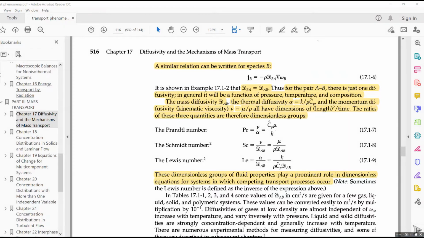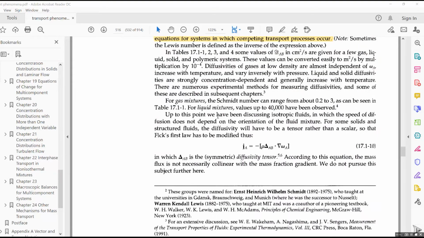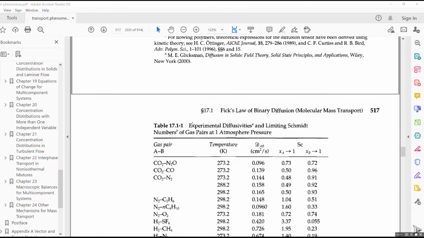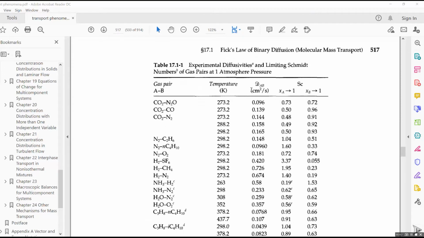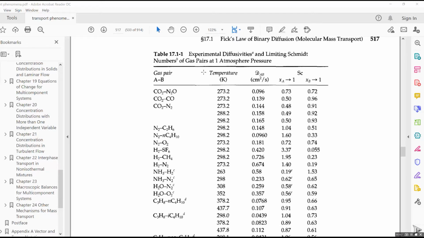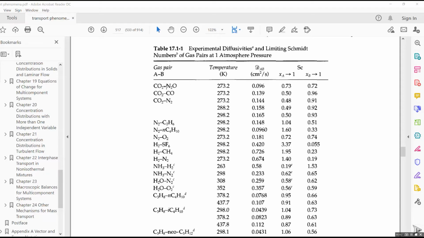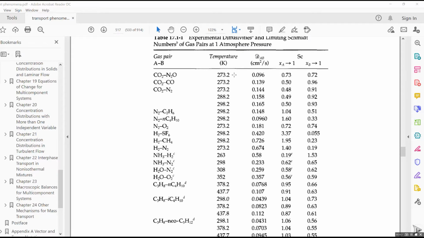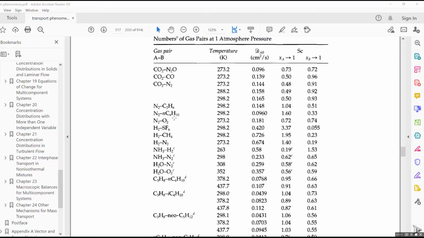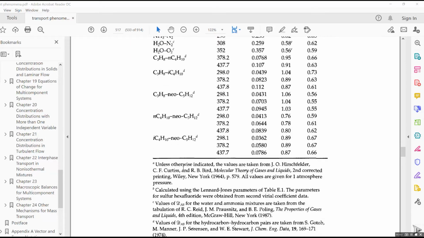Now if you continue in here, the rest of this chapter defines some experimental diffusivities for some gas pairs, A and B. For example, the diffusivity between carbon dioxide and nitrogen oxide is given as a function of temperature by this form, and you can find other binary mixtures here.